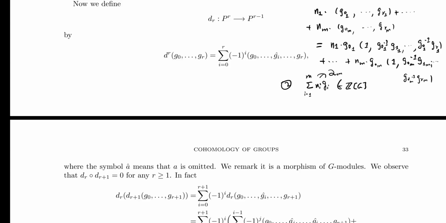So alpha times (1, g_1, ..., g_R), I denote all this with g_0, ..., g_R, and t_1 g_0, ..., t_1 to g_tR.